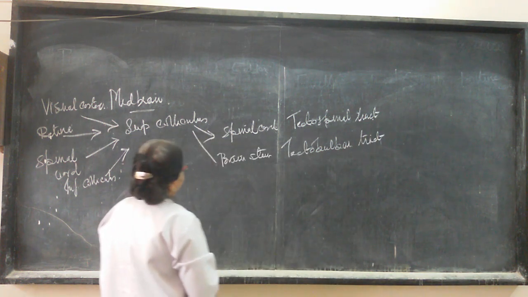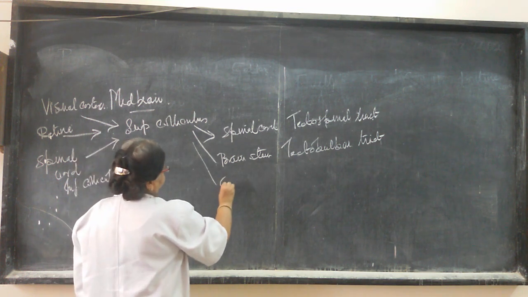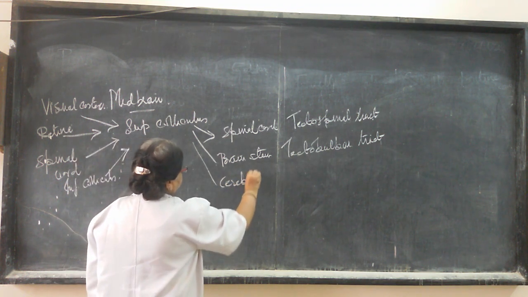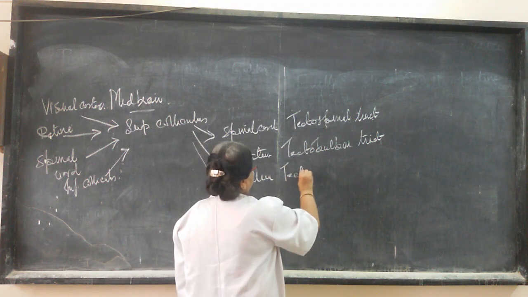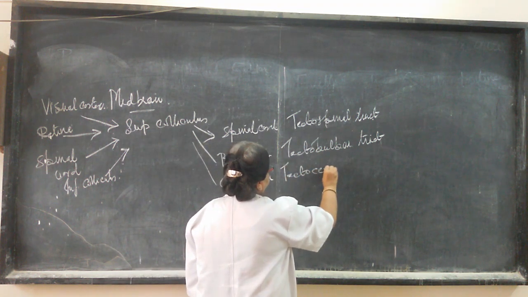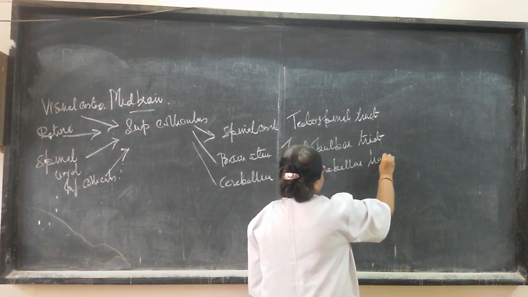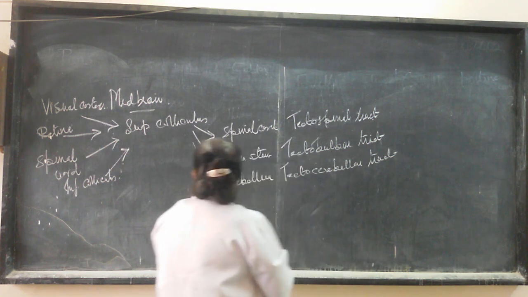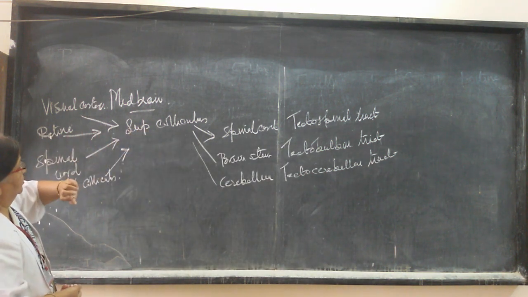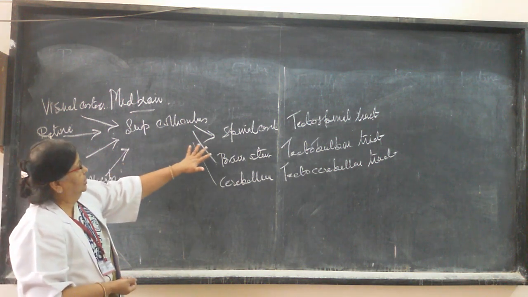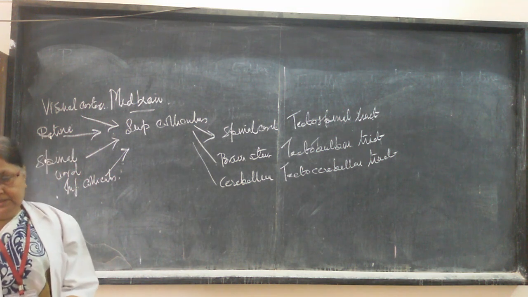And this also goes to cerebellum as the tectocerebellar tract. These are the afferent fibers coming to superior colliculus, and these are the efferent fibers coming out from the superior colliculus.